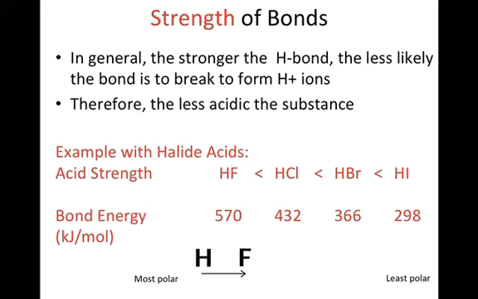What does that mean? It means the hydrogen bond site is getting weaker and weaker. The stronger the H bond, as in hydrofluoric, the less likely that bond is to break. It's going to be held together more. It takes a lot of energy to overcome that.